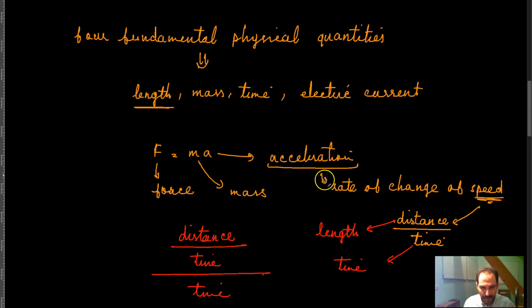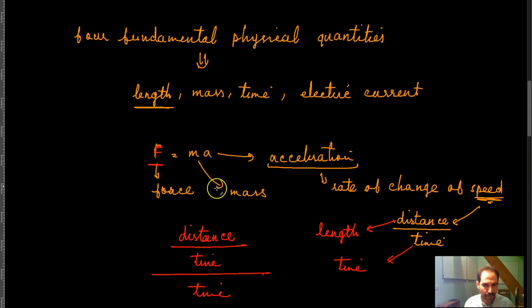So at the end of the day, for force that we are talking about here, we need a way to express it in terms of the units that we have. For acceleration, I need the unit for length and the unit for time.